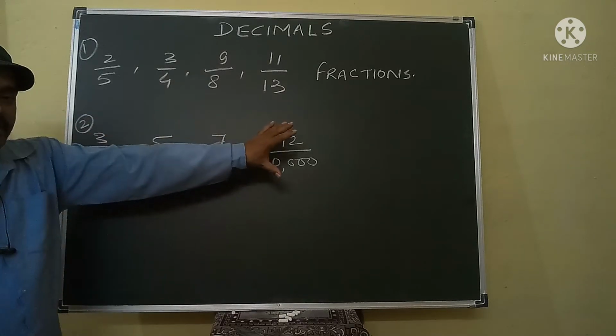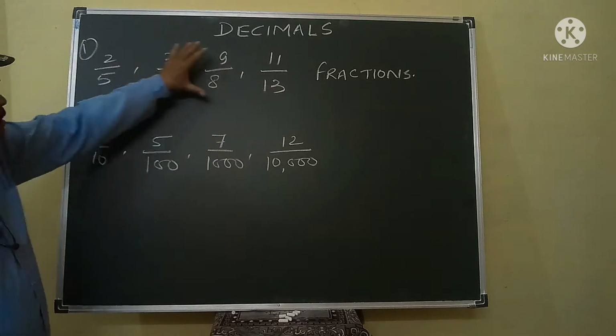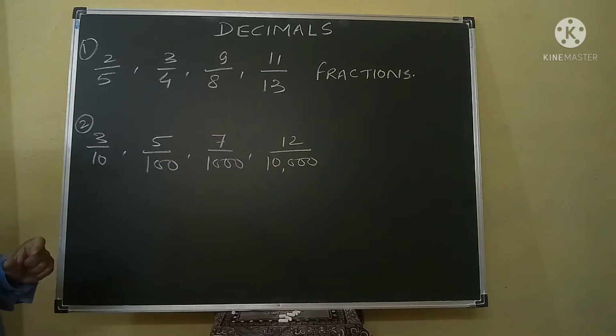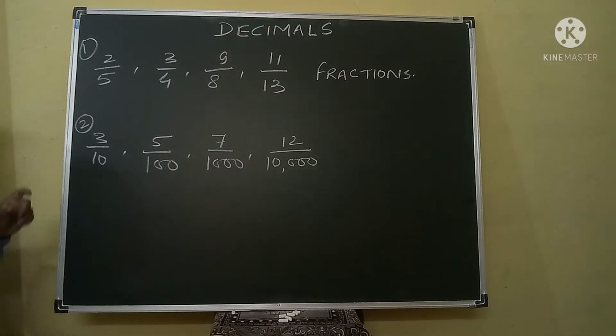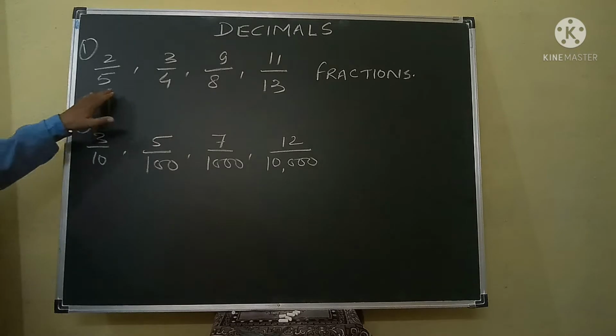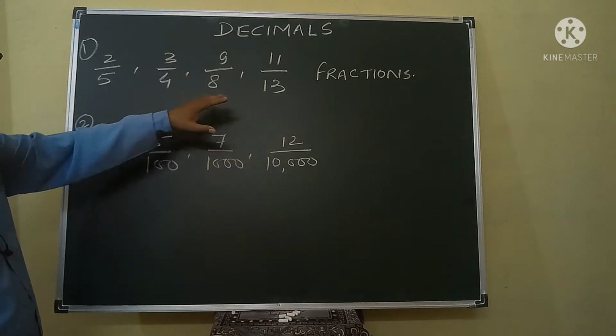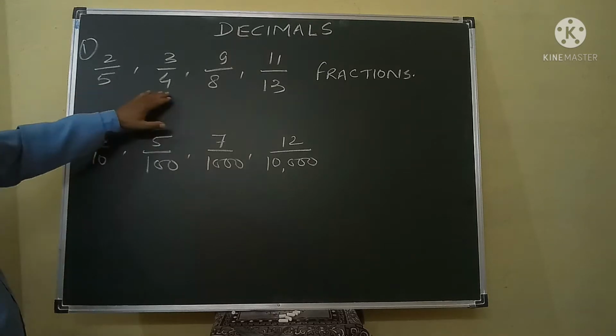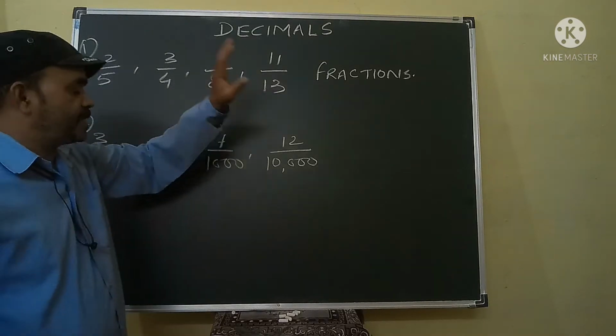This is also a fraction and this is also a fraction. But what is the main difference between the first example and the second example? In the first example, as you are looking, denominators are 5, 4, 8, 13.